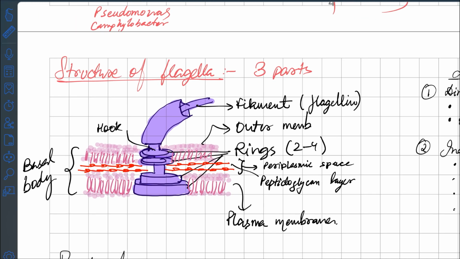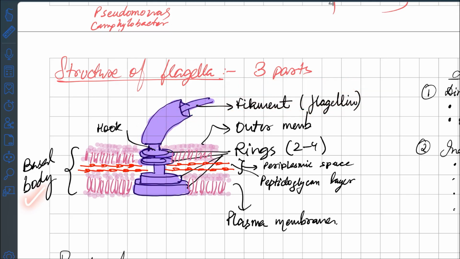As you can see, the basal body here is embedded inside the plasma membrane, then the periplasmic space, peptidoglycan layer, and all those. The hook is the part through which the filament arises. And the filament is made up of flagellin protein.